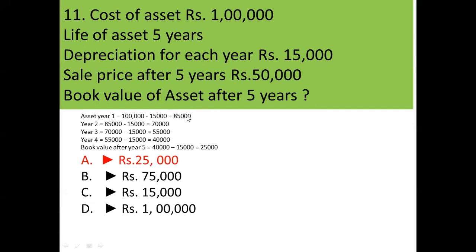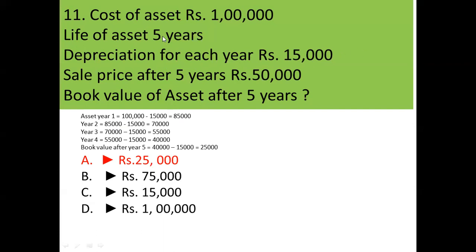This is the book value for the first year, and it is the cost or book value for the second year, minus 15,000, which is the depreciation for each year.